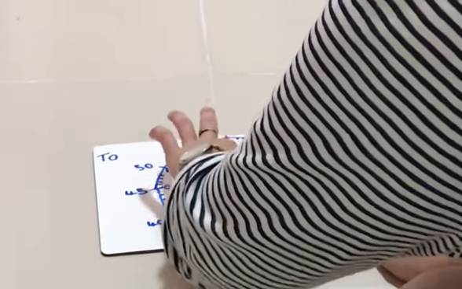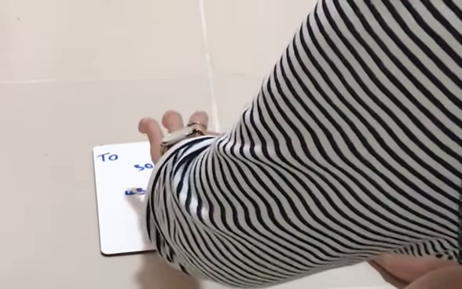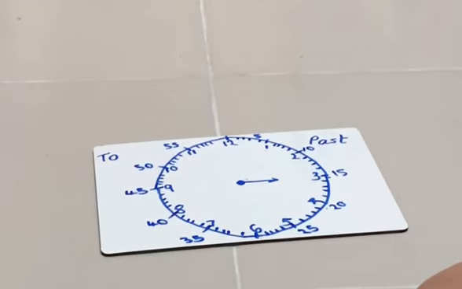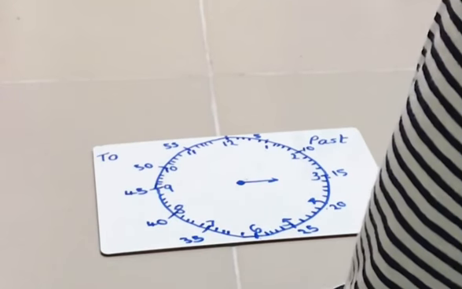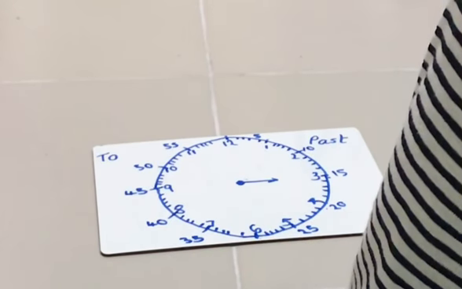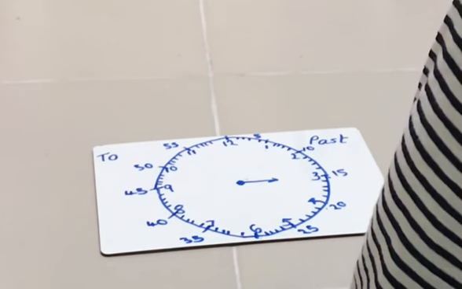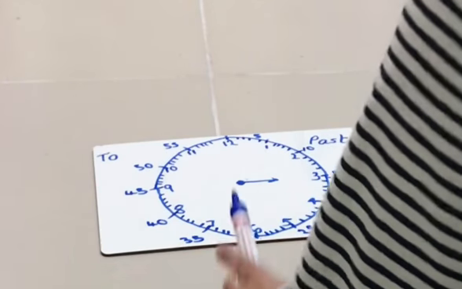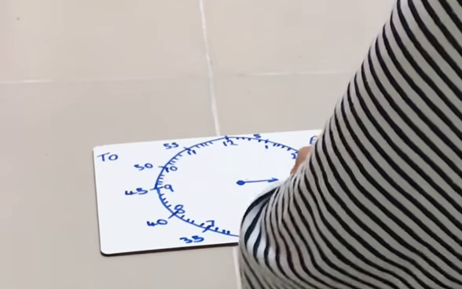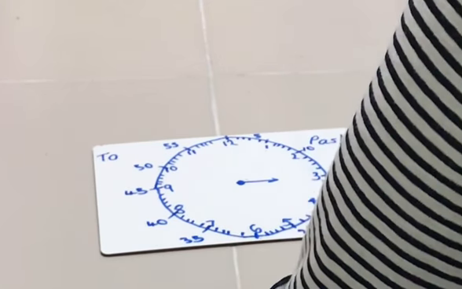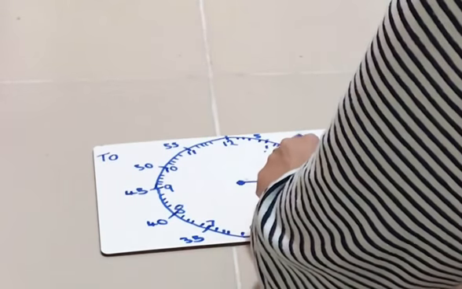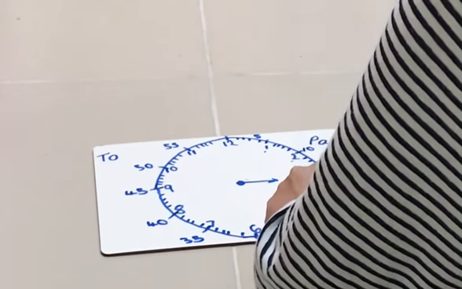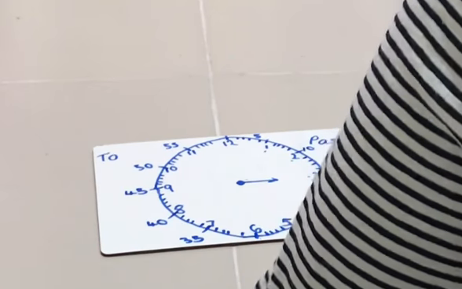Now, if I said it is 20 past 3, it's 20 minutes past 3. So my hour hand is on 3. And to find where my minute hand should go to show 20 minutes past, what you can do is just count round and go up in 5s until you find the number. So 0, 5, 10, 15, 20.